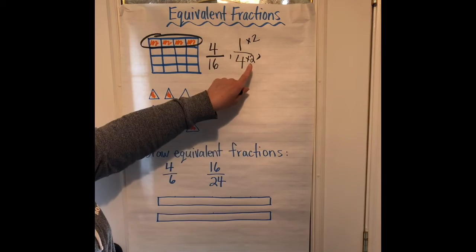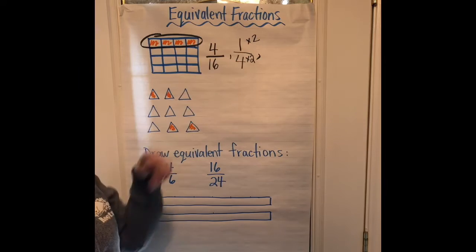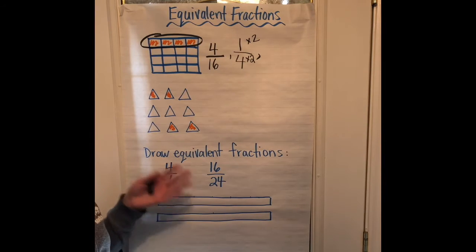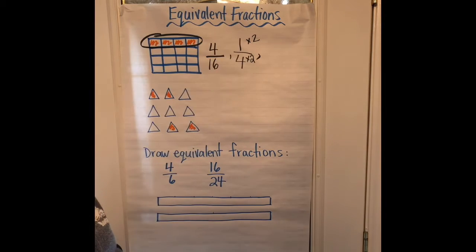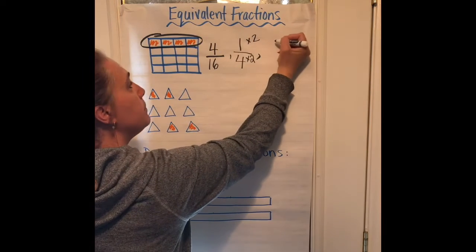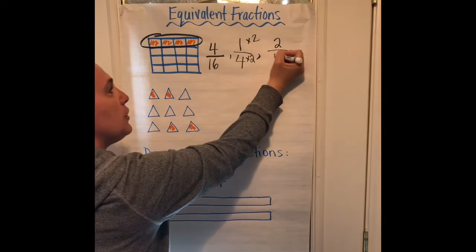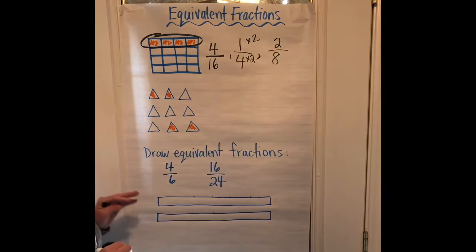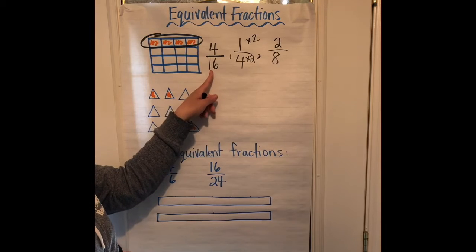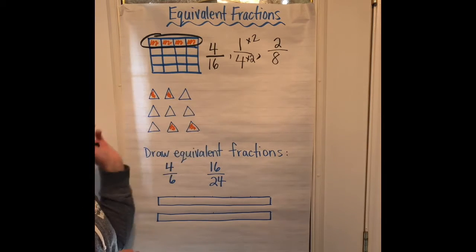As long as you are doing the same amount at the bottom as the top, then you will get an equivalent fraction. In this case, I want to multiply both numerator and denominator by 2. 1 times 2 equals 2. 4 times 2 equals 8. Therefore, 4/16, 1/4, and 2/8 are all equivalent.